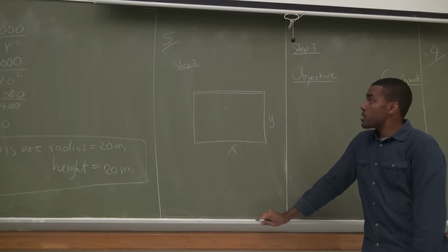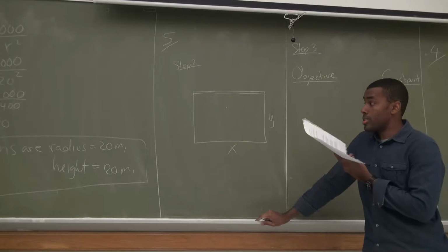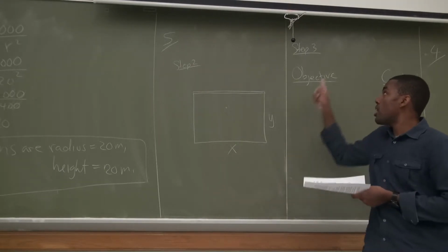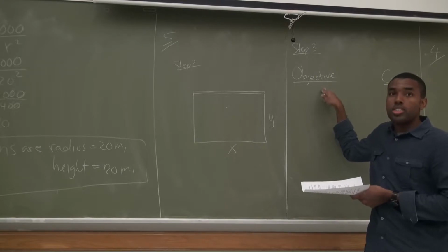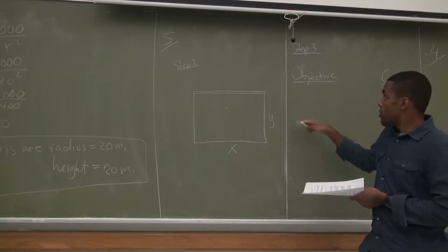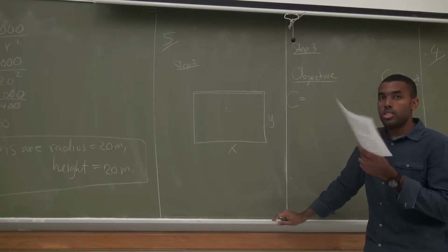What do we want to maximize or minimize here? Minimize what? The cost. Okay, so we want to minimize cost, so this equation is going to be the equation that describes the cost, right? If you want to say the cost is, what would you say based on this description?